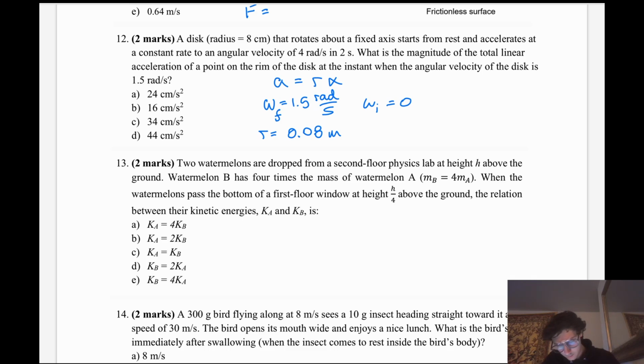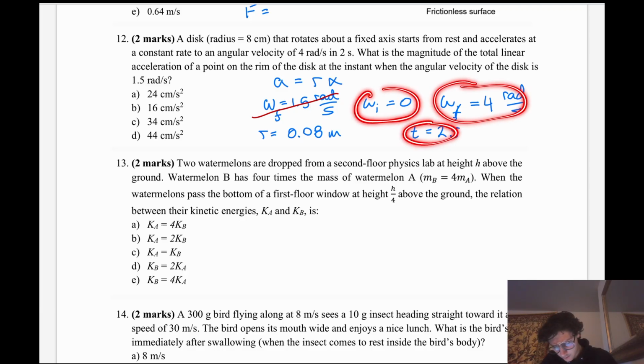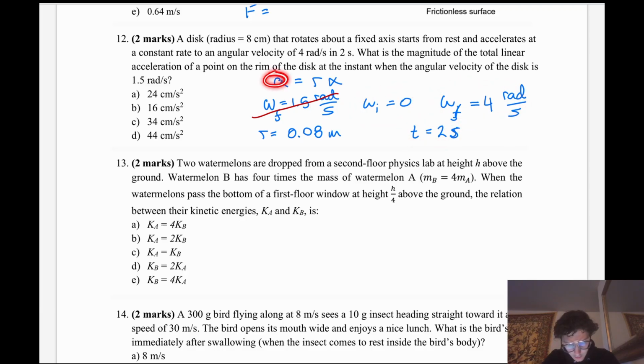This is not the final one here. Cross that out for a second. Omega final is equal to 4 rad per sec, and time is equal to 2 seconds. So what we have is omega initial, omega final, time, and then we can find acceleration.